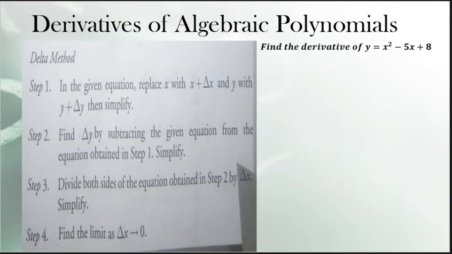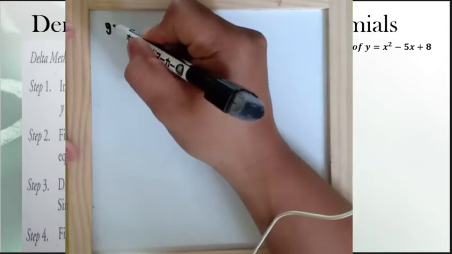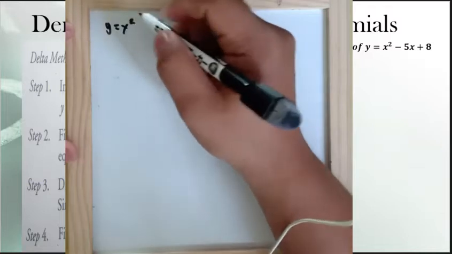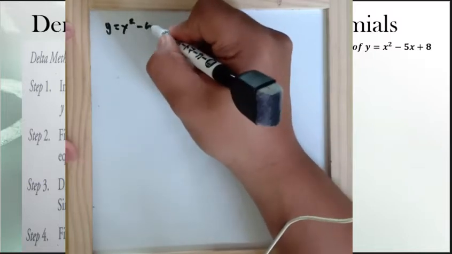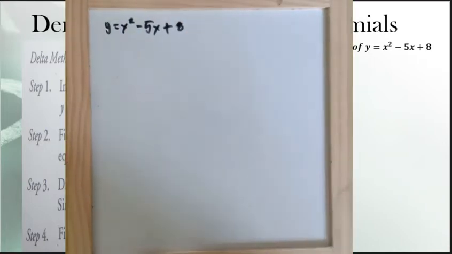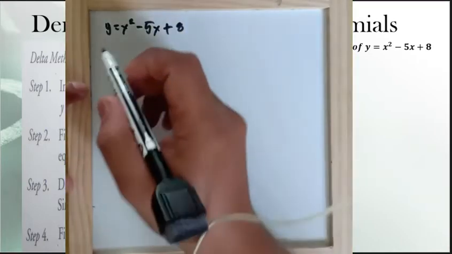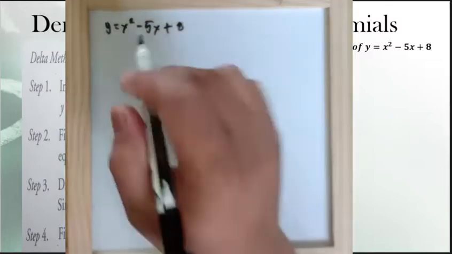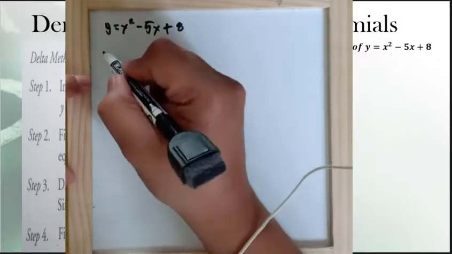Find the derivative of y is equal to x squared minus 5x plus 8. Okay, for step number 1, we need to replace y with y plus delta y.